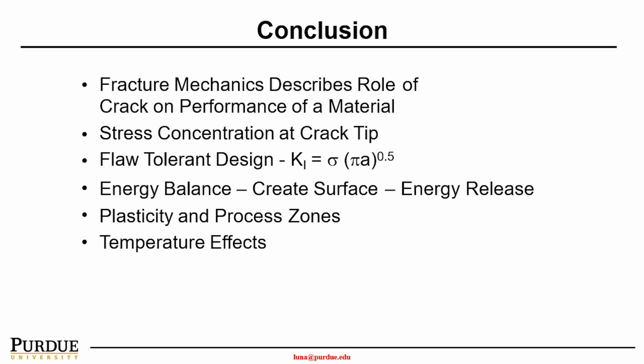So in conclusion, in this lecture, we have discussed a lot of concepts. We have talked about fracture mechanics, and we described the role of the crack on the performance of the material. We have talked about the stress concentration factor at the crack tip, and then we discussed flaw tolerance design, K_IC, which is a stress intensity factor equal to sigma_c at critical times pi times the half crack length, square root, times F, the geometry factor.